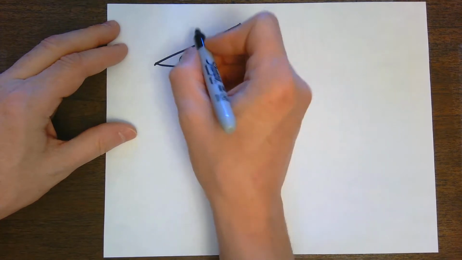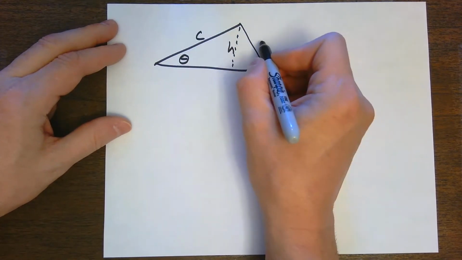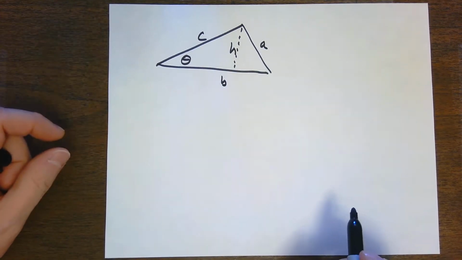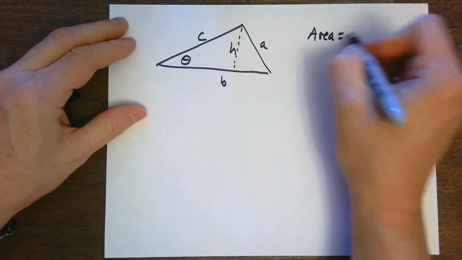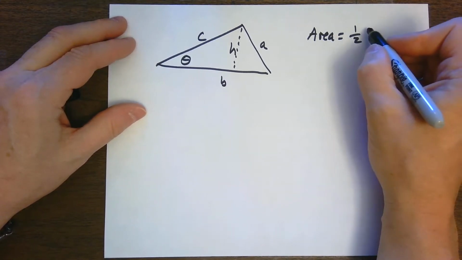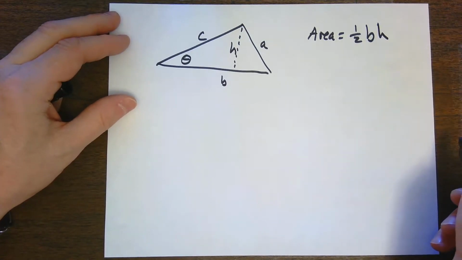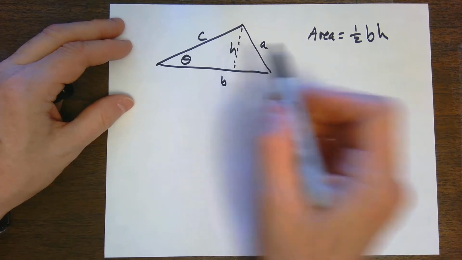If this side length is c, this side length is a, and the whole side length here is b, I know area equals 1/2 of the base times the height. But what if I don't know the height? What else can I do with this?